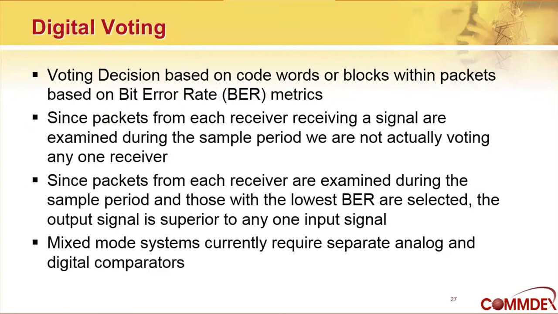And so what we're able to do is take the best packets from each receiver, and they're all synchronized, and then reconstruct a new string of packets that could actually be better than the packets received from any single receiver. So you're constantly picking and choosing the best packets, building a new bit stream, which is better than any of the inputs themselves. And that's the inherent advantage of digital voting over analog.